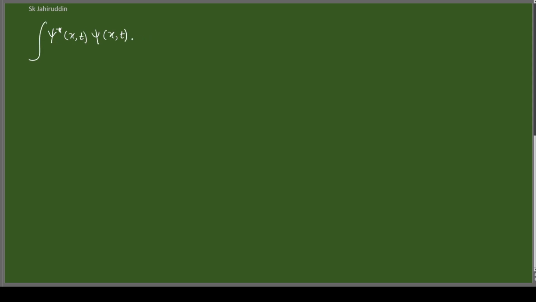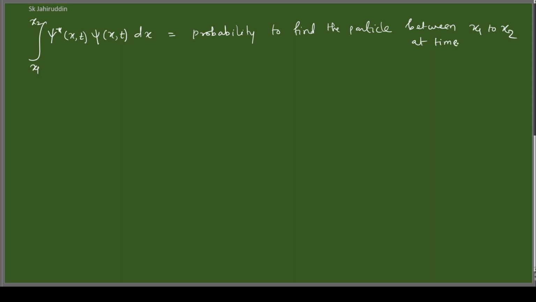If we integrate it from, say, x1 to x2, it gives you the probability to find the particle between x1 and x2 at time t.